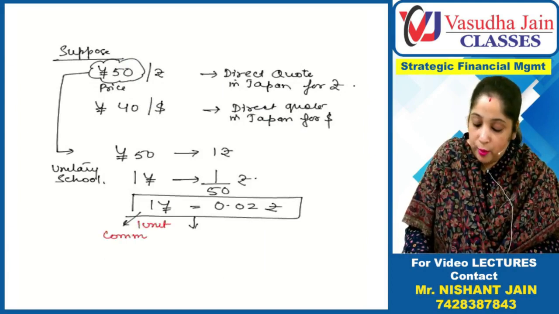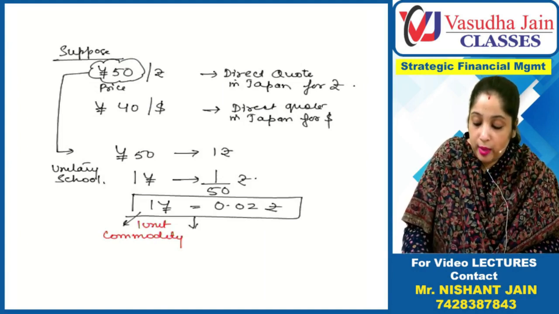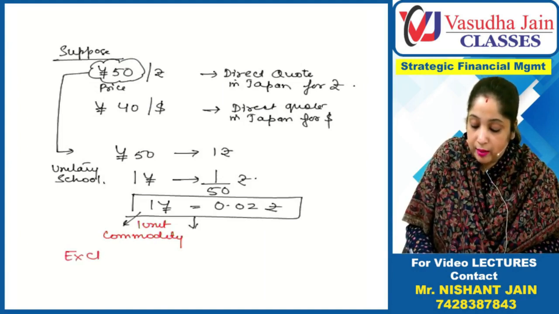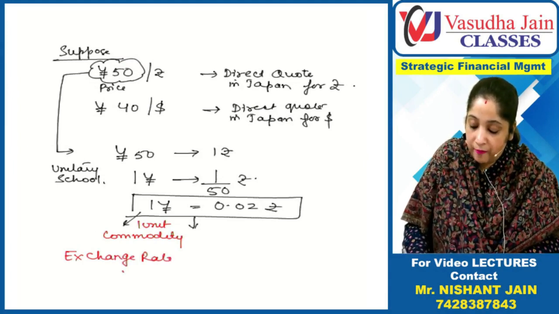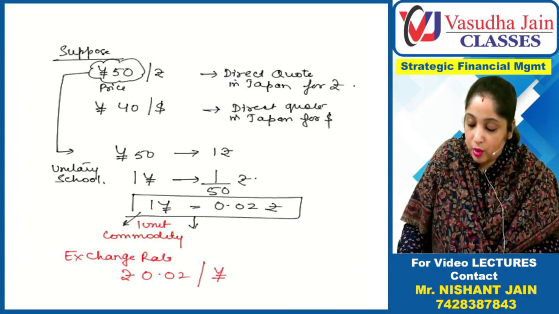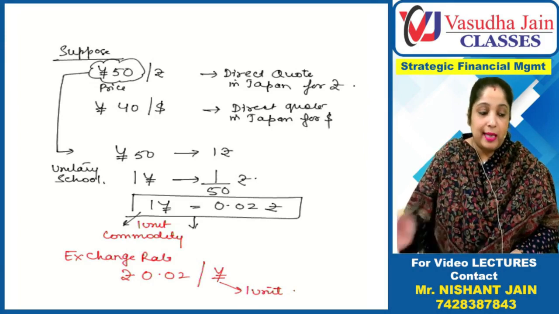So let us write how I have told you. How can you write this in an exchange rate? Price is written first: rupees 0.02 per yen, because commodity has to be expressed in 1 unit unless mentioned otherwise.